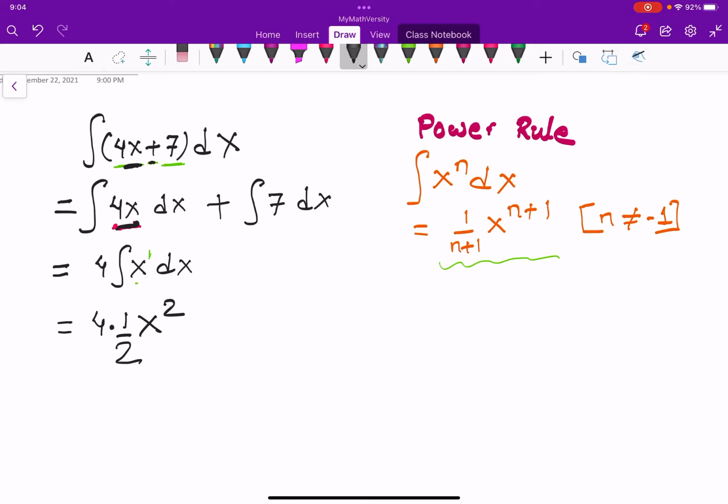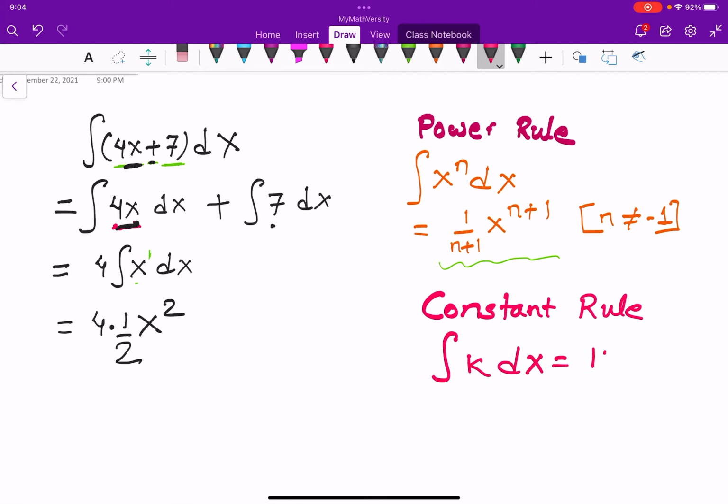In the same way, let's find the antiderivative of the second term. We have just 7 here, which is a constant, and there is a constant rule. The constant rule of the antiderivative is that if you have any constant, its antiderivative is that constant multiplied by x, plus c.